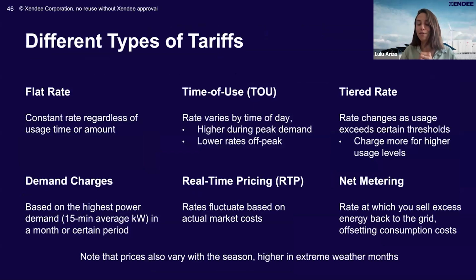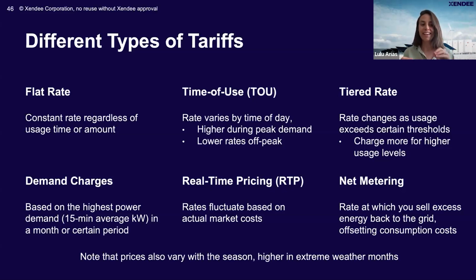Up next are tariffs, which are also a key component. Here I'll do an overview, and then we'll see how each promotes the adoption of DRs. Flat rate is pretty straightforward. It's a constant rate regardless of the usage or amount. Time of use: here rates vary based on the time of day, and prices are higher during peak demand and lower during off-peak. Tier rate: the rate changes once the usage exceeds a certain threshold.